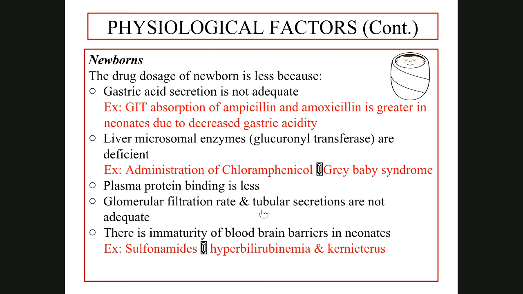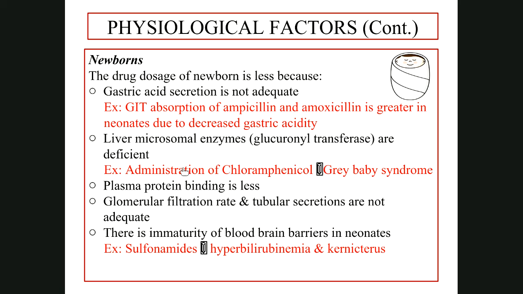And blood brain barriers also may not be developed. So stomach, liver, kidneys, barriers, and plasma protein binding, all these things may not be well developed. So in such cases, the dosage of the drug must be less in newborn babies.